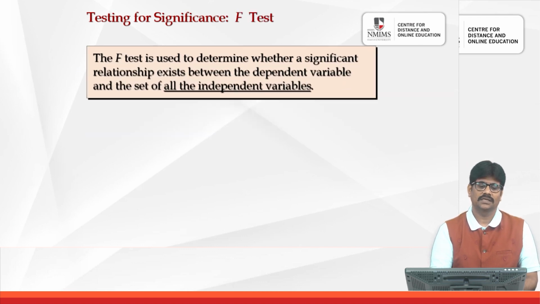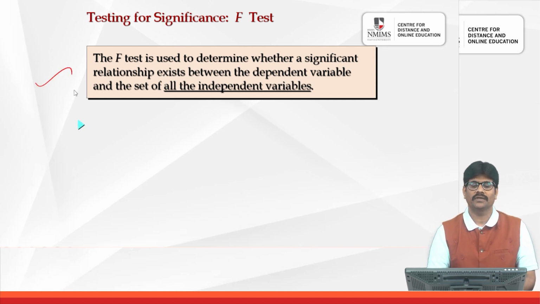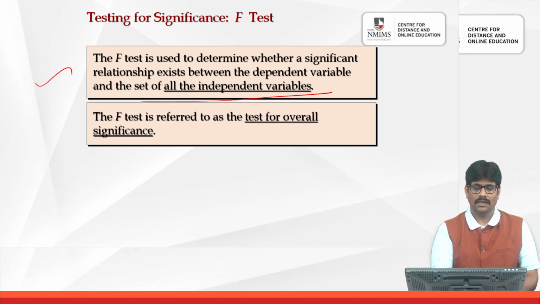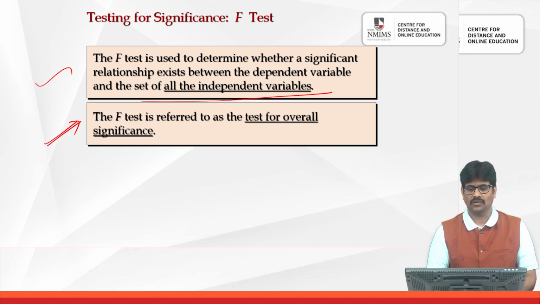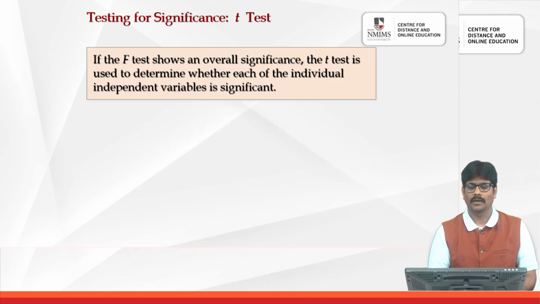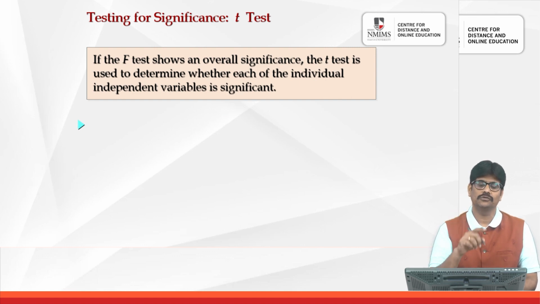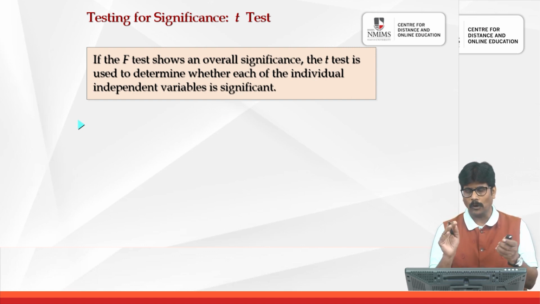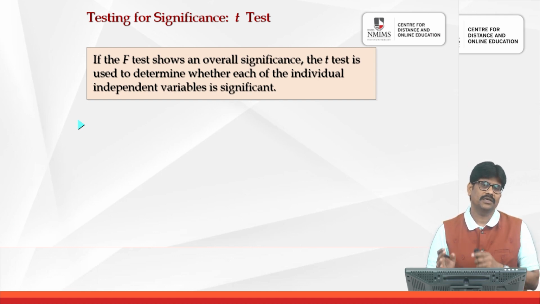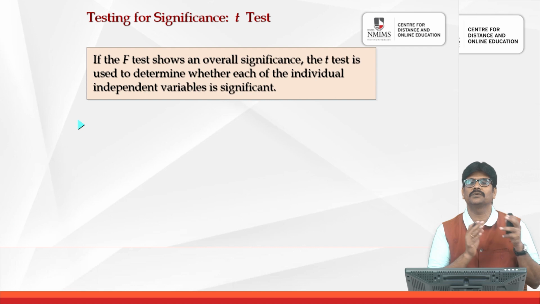The F test is used to determine whether a significant relationship exists between the set of all independent variables and the dependent variable, and hence it tests for overall model significance, or what is called model fit. If the F test shows overall significance, the T test is used to determine which individual variables are significant. So, the F test says whether some relationship overall exists between the independent variables and the dependent variable.